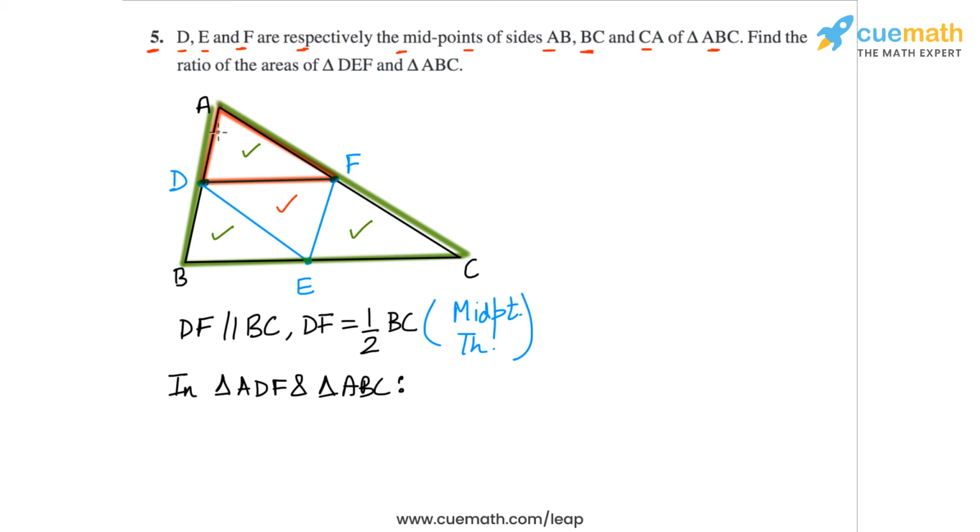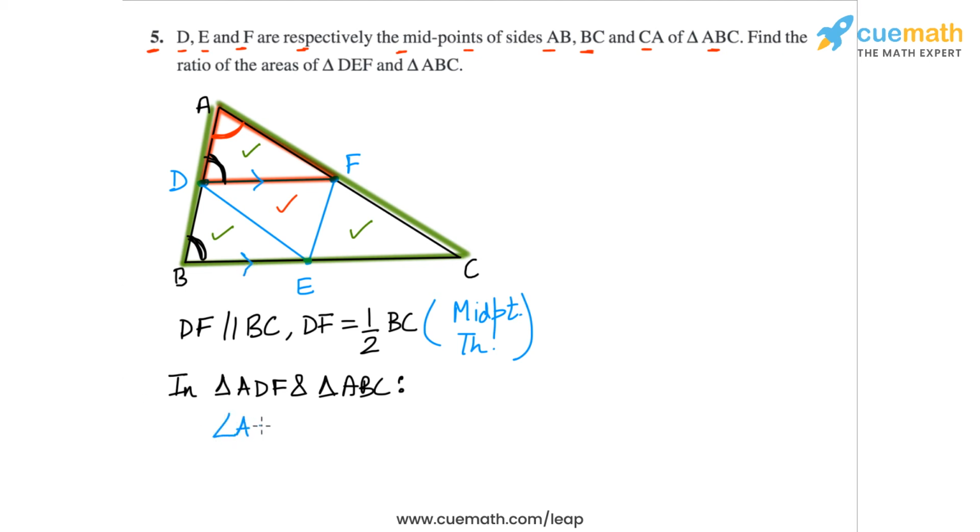Well, this angle at A is common to both the triangles, and then this angle at D in triangle ADF will be equal to this angle at B in triangle ABC, because these are corresponding angles, because DF is parallel to BC. Okay, so let's write this.